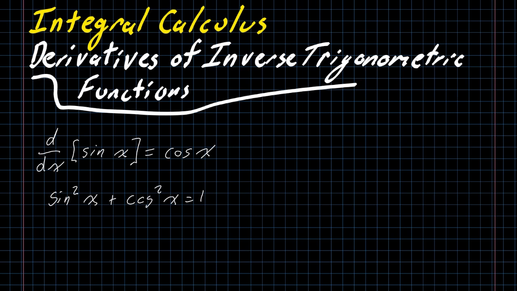And then in general, we know that the derivative of f inverse of x is equal to 1 over f prime evaluated at f inverse of x.